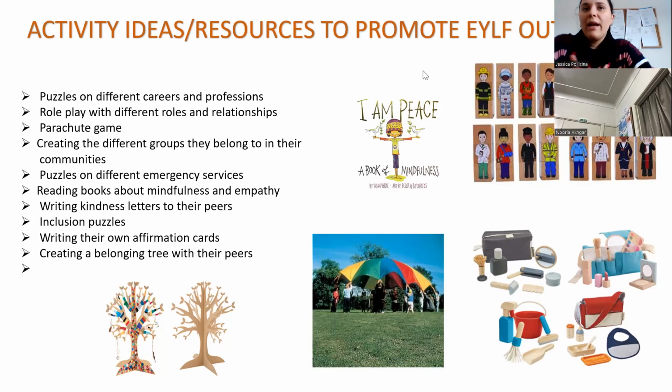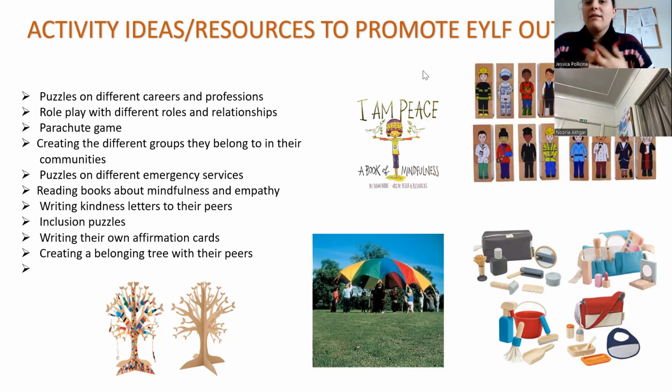You can also do role play with your children that discuss different roles and relationships. The parachute game is another great one for outcome 2. Even having an activity where you're creating the different groups that the children belong to within the community. So, you could draw a circle and have the name in the middle and then get them to draw pictures of all of the communities that they belong to as well.